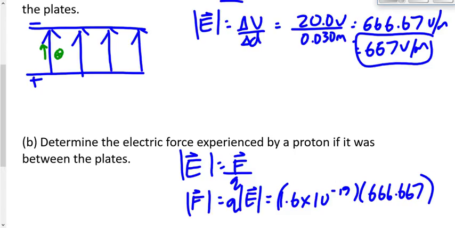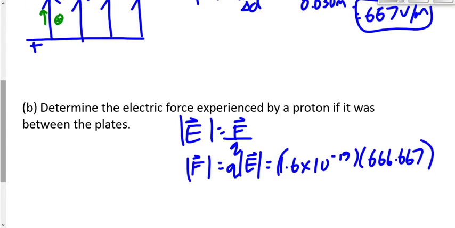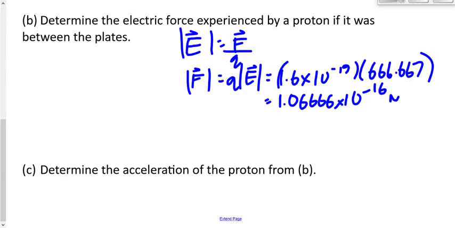That gives me a force of 1.0666 times 10 to the minus 16 newtons. Now we want to find the acceleration. All we're going to do is take that force and divide it by the mass. We're allowed to use this whenever we want, right? As long as we have a force and a mass. So you know the force, you just found that, you know the mass, let's calculate that.